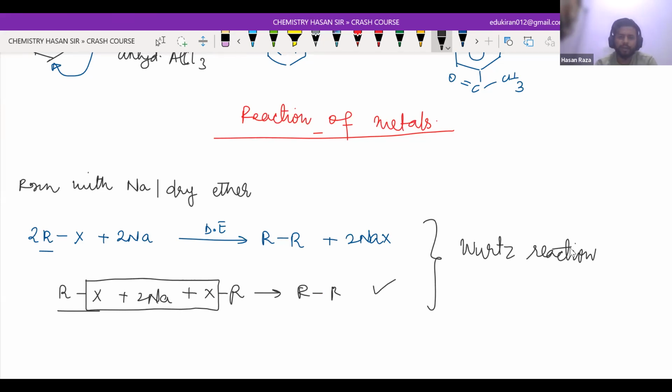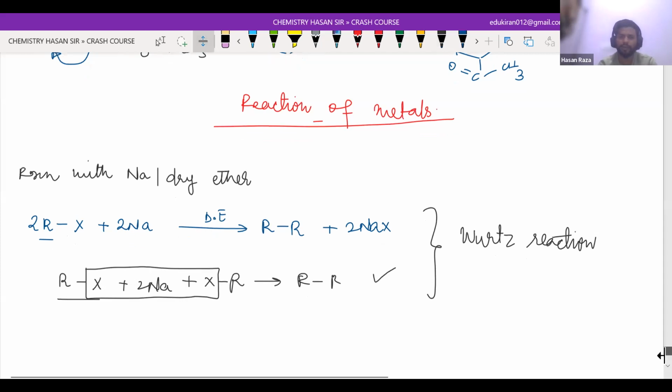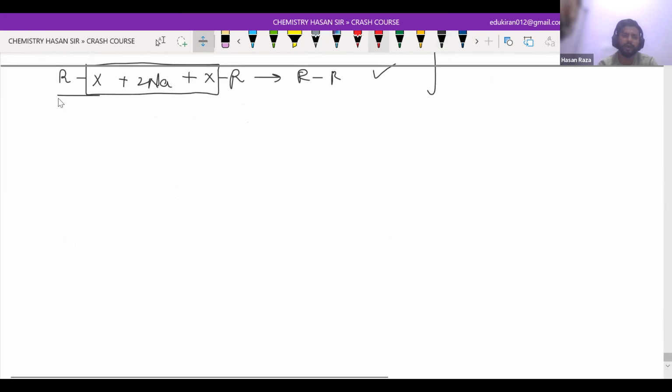The next reaction with metal is known as the Fittig reaction, whereas R here is for alkyl.